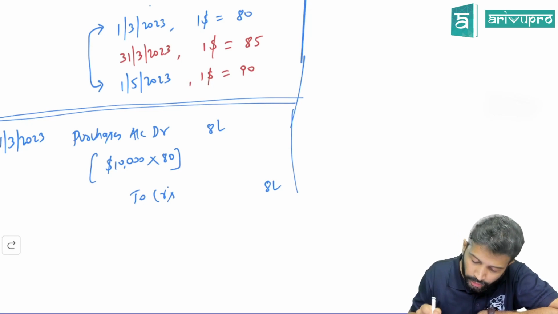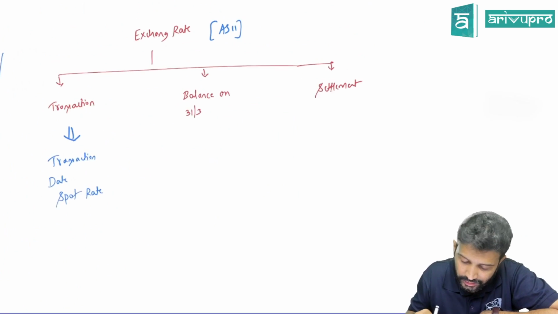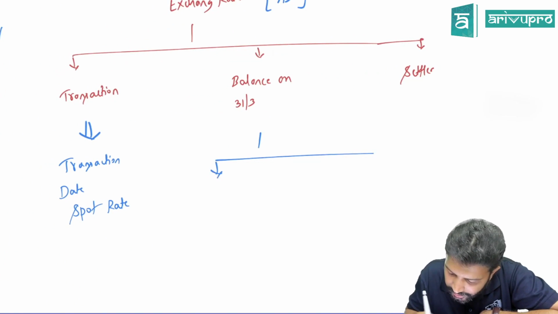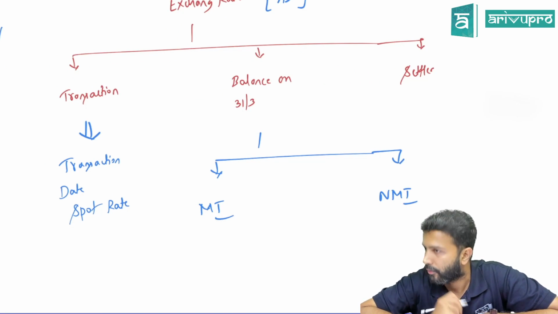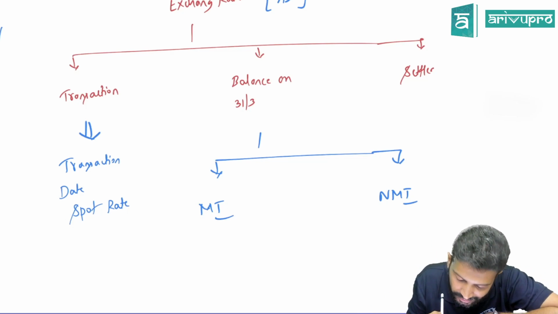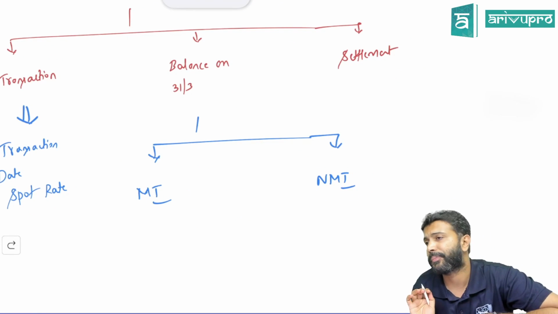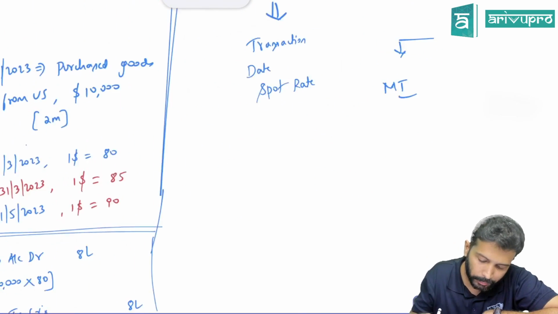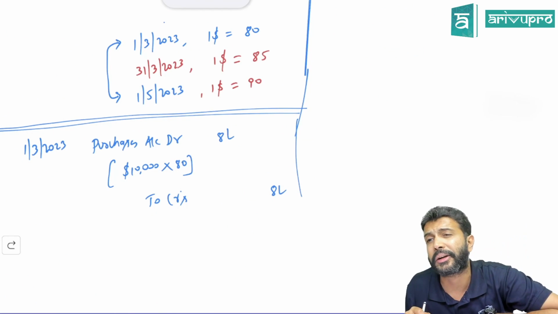Now, first, check whether this creditor is a monetary item or whether it is a non-monetary item. Whatever foreign currency balance you have, first check whether that balance is a monetary item or a non-monetary item. In this example, you tell me, is creditor a monetary item or a non-monetary item?